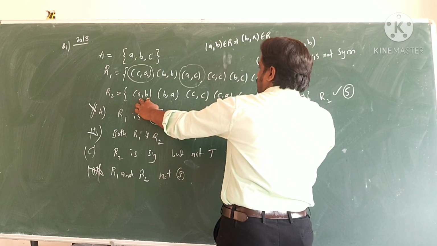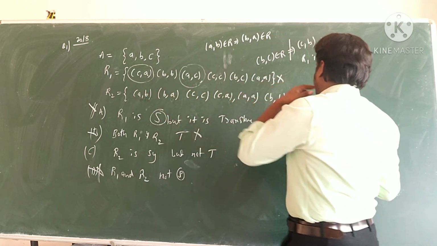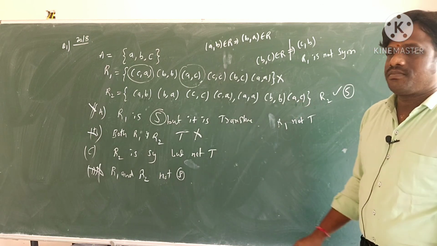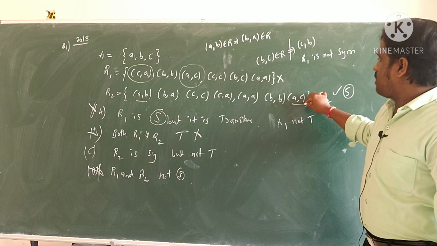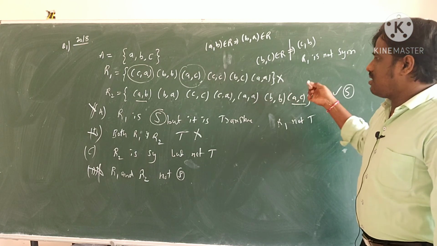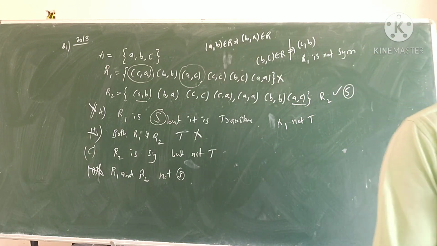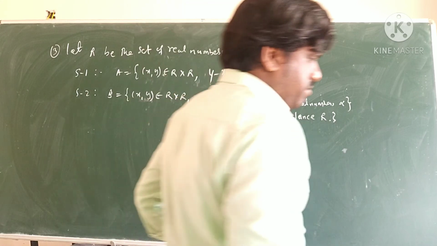A comma B, B comma B, A comma B is there, right? A comma B, A comma C, then B comma C is not there. So it is not transitive. So this is the right answer. Check the question, we will discuss that.